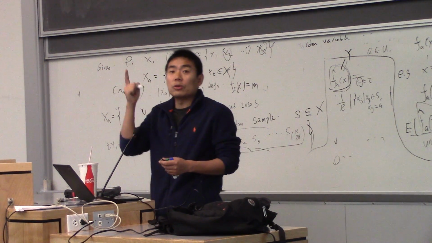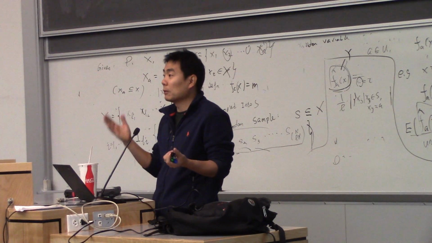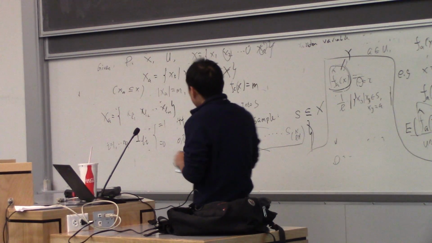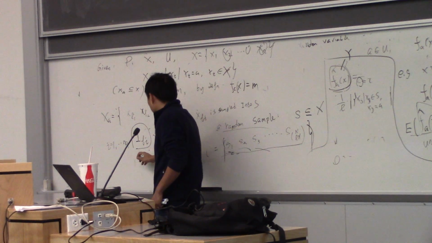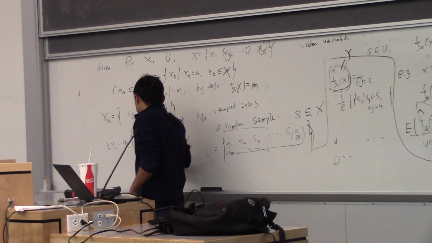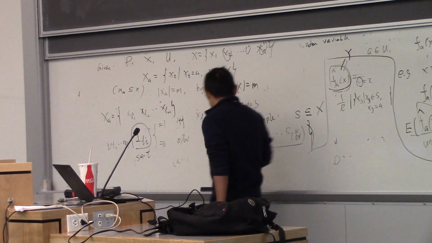It's just to indicate whether you are selected into the sample or not. It's an indicator variable. It takes value either 0 or 1. By the way, note that this obviously is a random variable. Why? Because it changes value when you choose a different random sample S among this set.